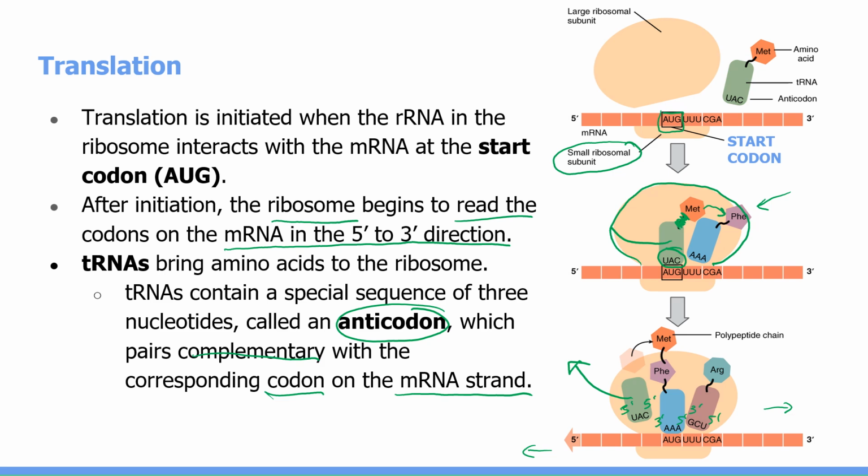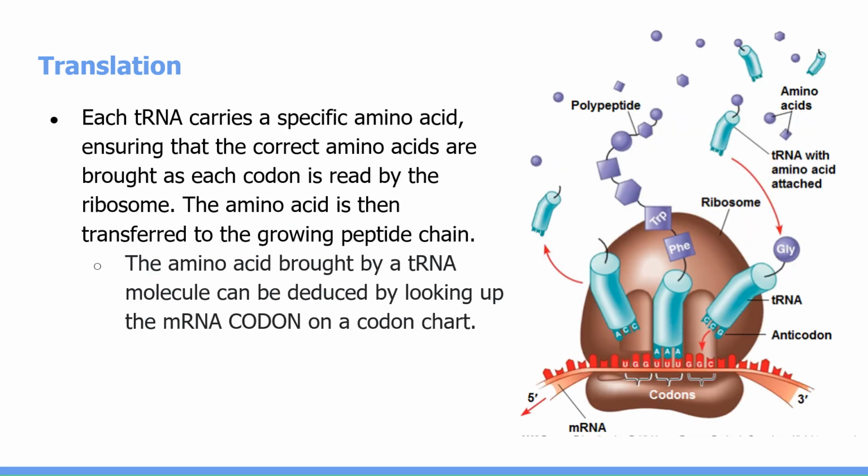Okay, let's continue. So each tRNA carries a specific amino acid, ensuring that the correct amino acids are brought as each codon is read by the ribosome. So that process is here. The codon, again, is read. The tRNA anticodon attaches to that.